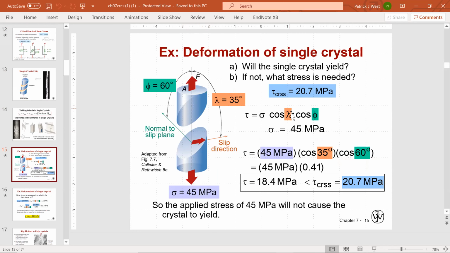When we plug those values into our equation, the 45 megapascals times the cosines of the angles between the force and the slip direction and the slip plane, we get a value of only 18.4 megapascals actually applied to the system.